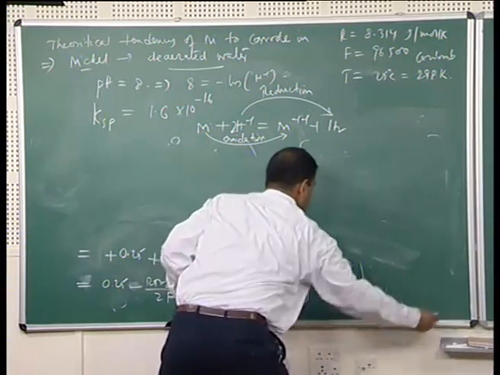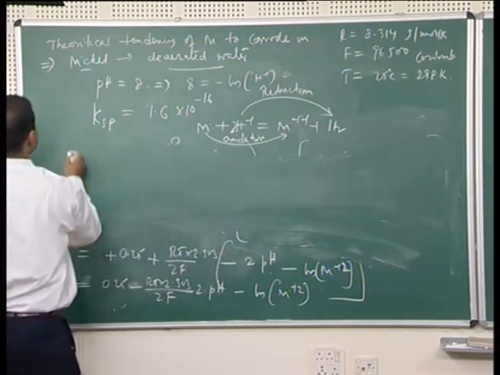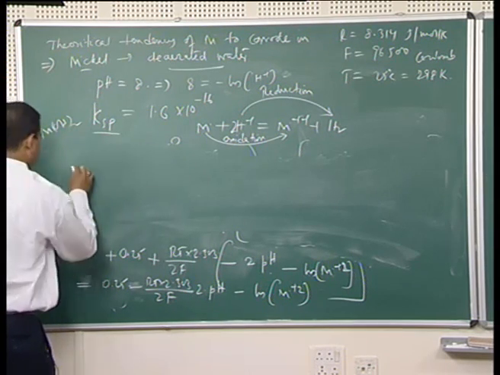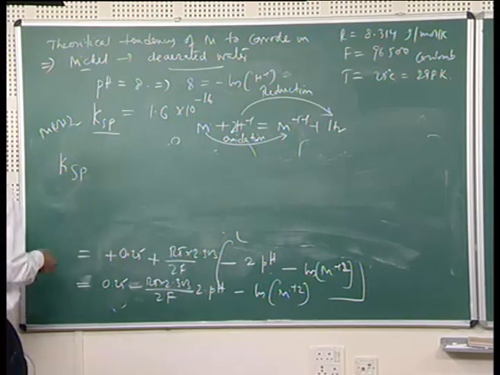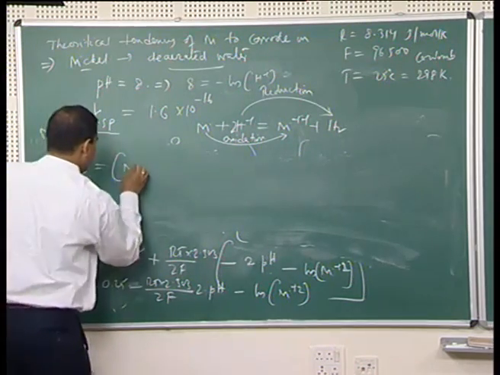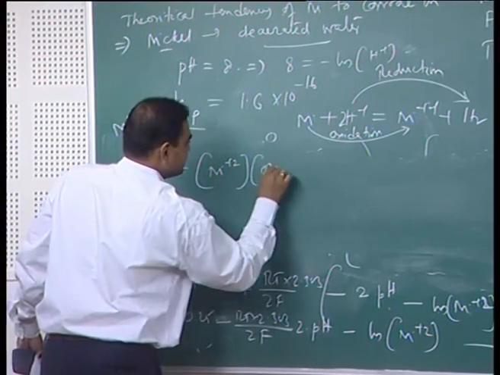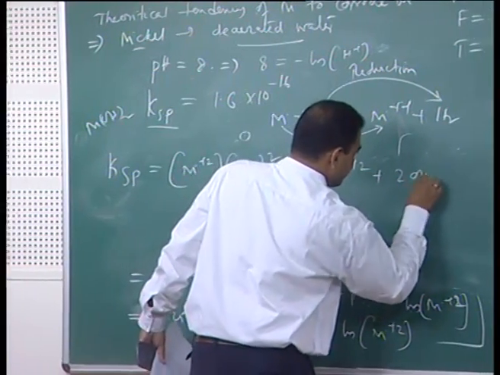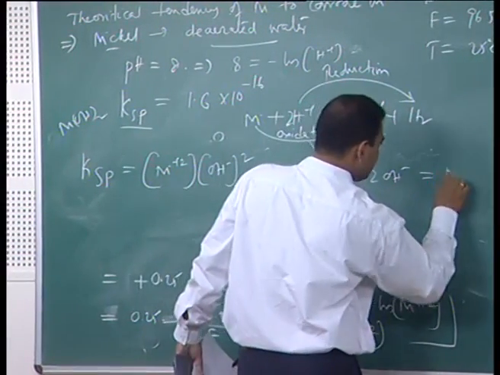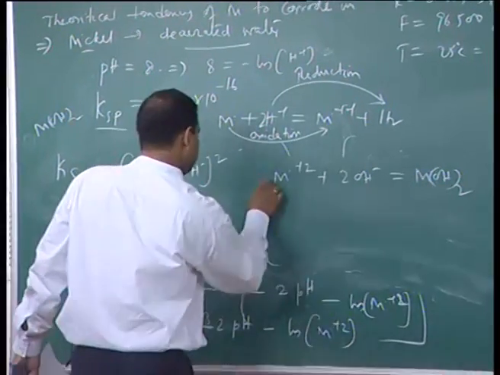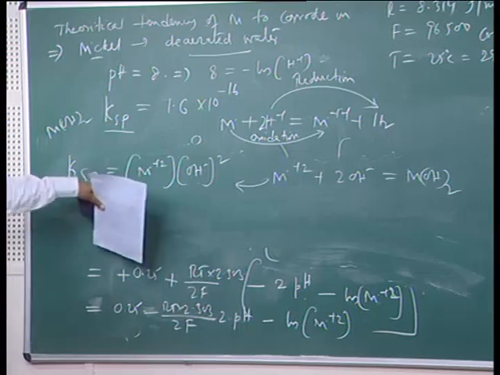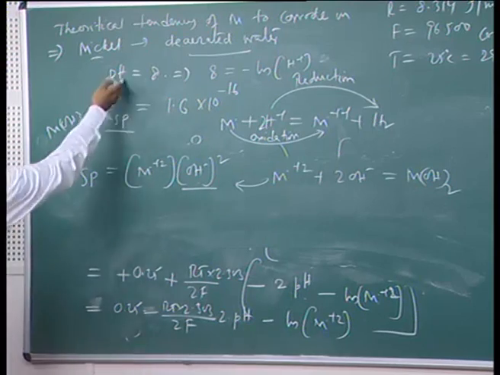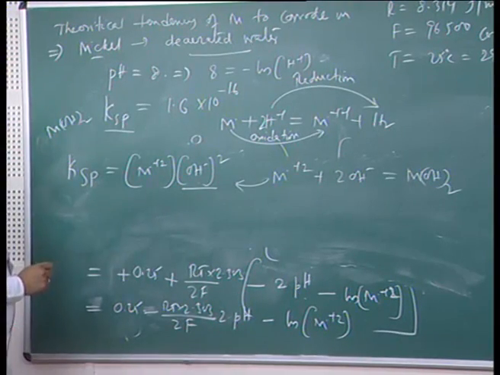Now I have to find the concentration of Ni2+. We also know the Ksp for Ni(OH)2. The solubility product is Ni2+ times OH minus whole squared, because Ni2+ plus 2 OH minus gives Ni(OH)2. Since I know the pH, from this we can also find the concentration of OH minus.